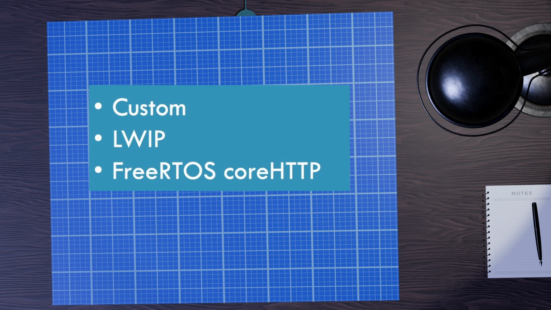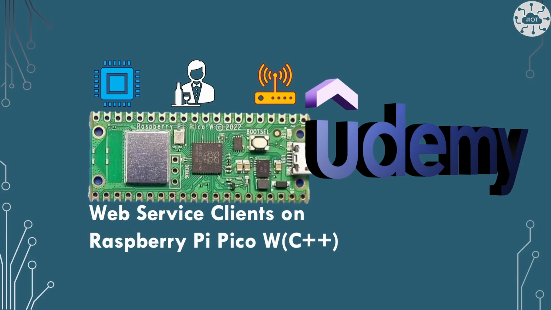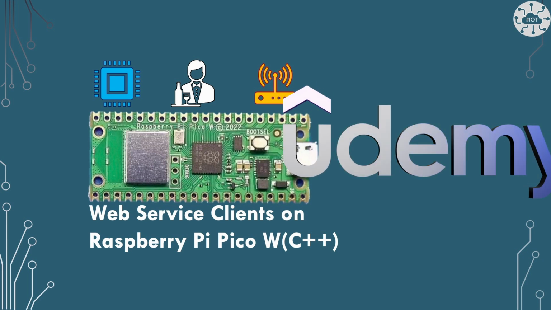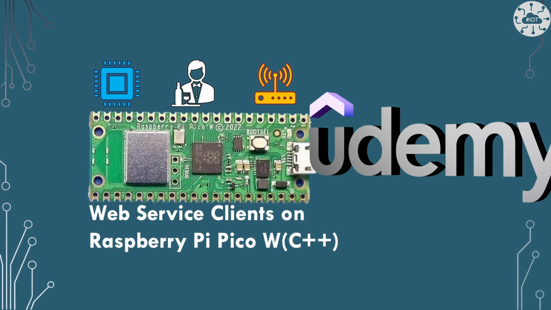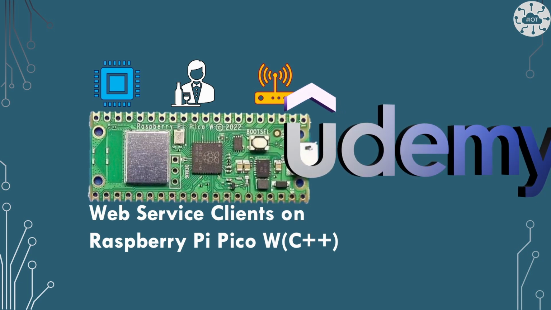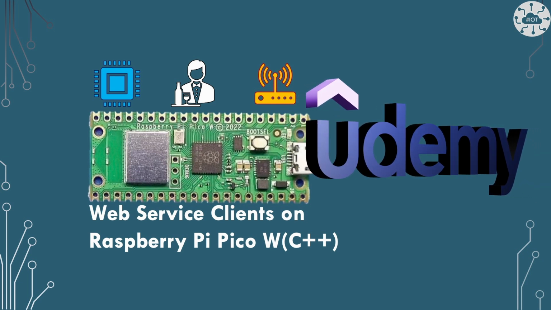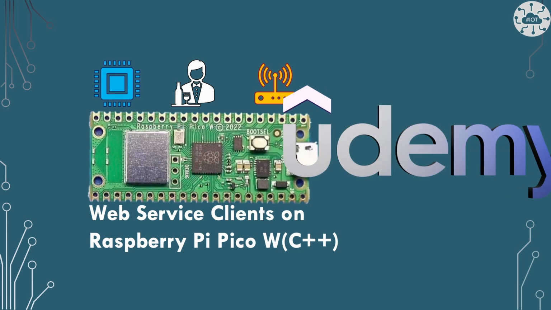I've used lots of different ways of making the Pico W a client, including my own custom code, using bits of the LWIP applications libraries, and using FreeRTOS core HTTP, which is probably my favorite. I explained lots more of how to do all of that client side in a course over on Udemy, which goes through how to build up the entire stack and make it secure, and all of the complexities in that.